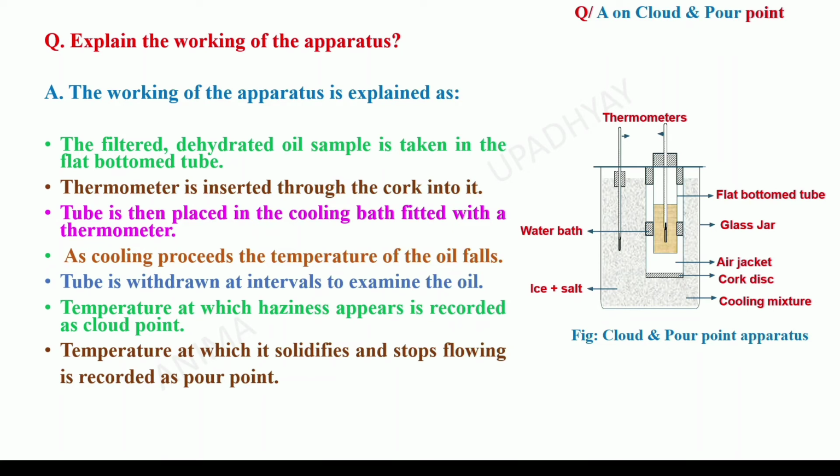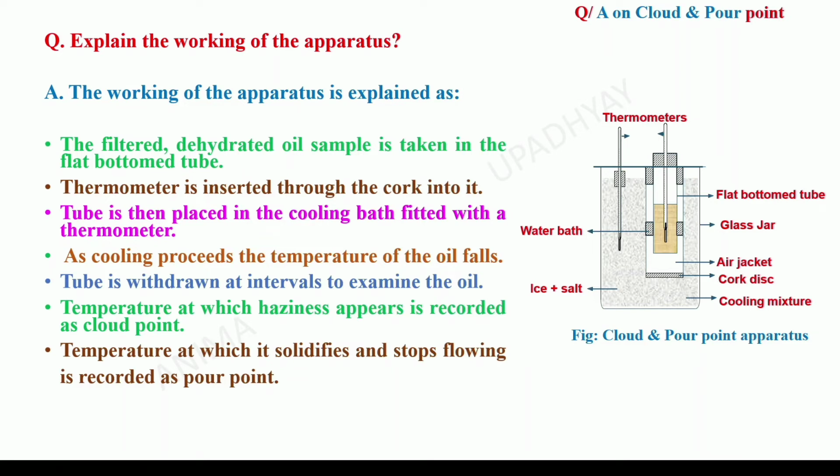Explain the working of the apparatus with the help of a labelled diagram. So here is the neatly drawn labelled diagram, and the working of the apparatus can be explained seeing this diagram. The oil under test is dehydrated to remove the moisture, if it is present in the oil.